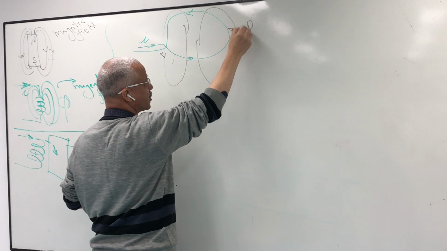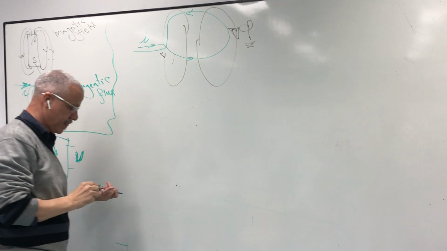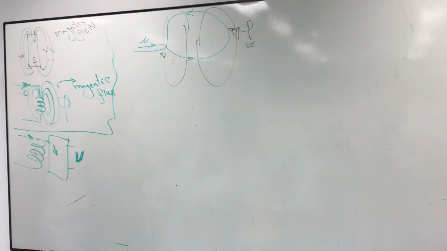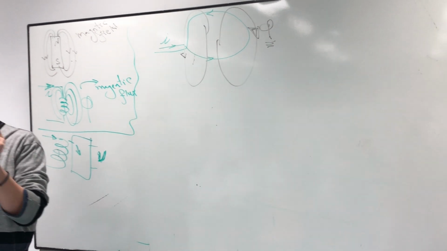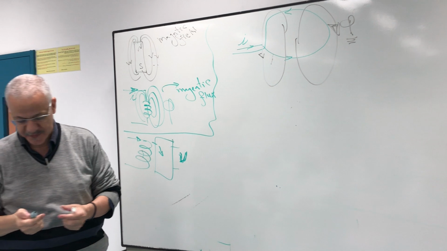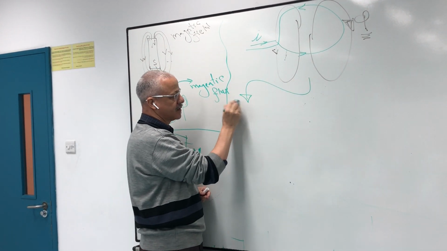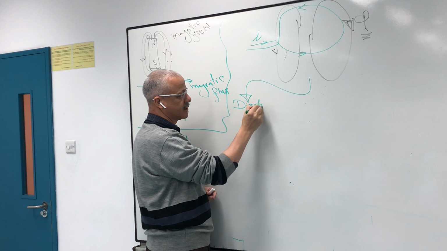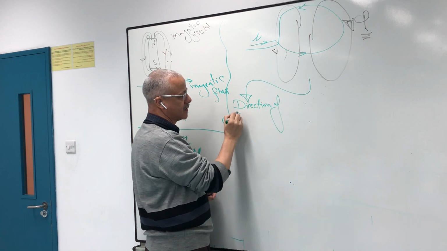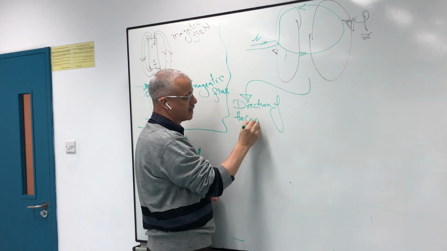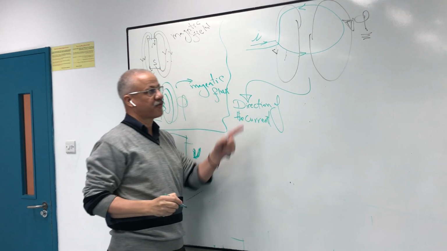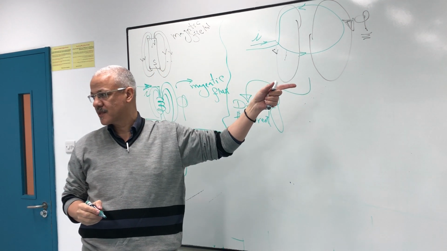So this is the direction of flux. At this point, we have to keep in your minds two facts. If we change the direction of the current, what happens to the flux?